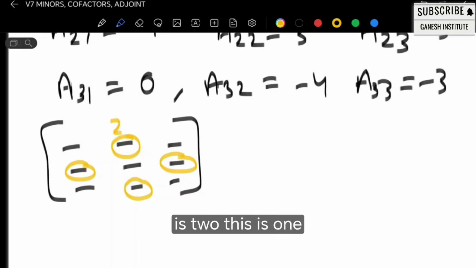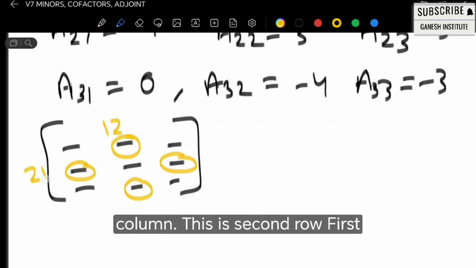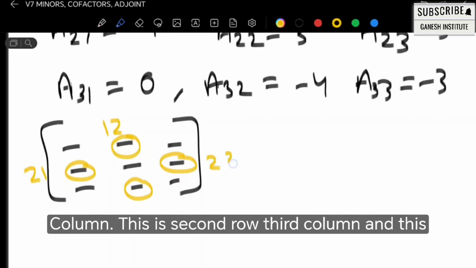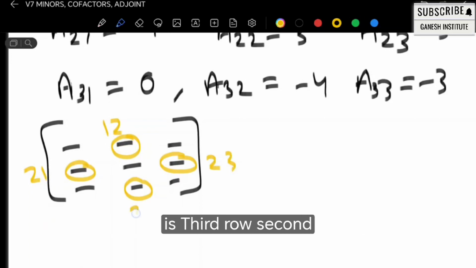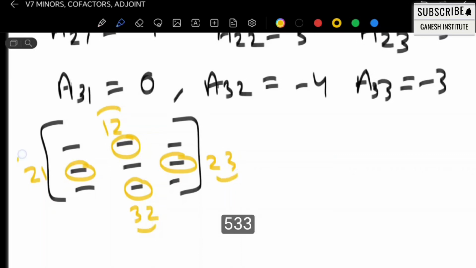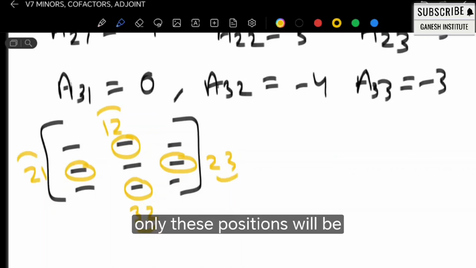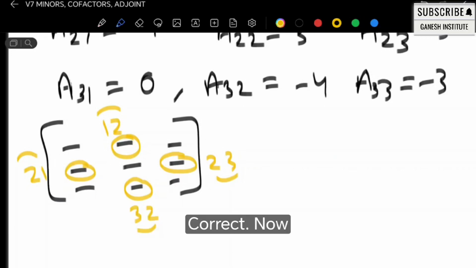This is first row, second column; this is second row, first column; this is second row, third column; and this is third row, second column. Sums are 3, 3, 5, 5. Only these positions will have cofactors with opposite sign. Otherwise, all the rest will be equal to the minors only. Correct?